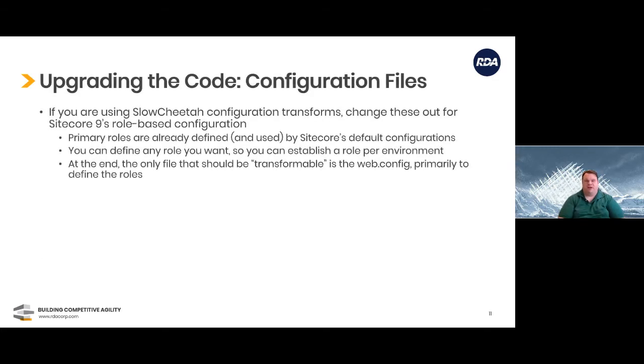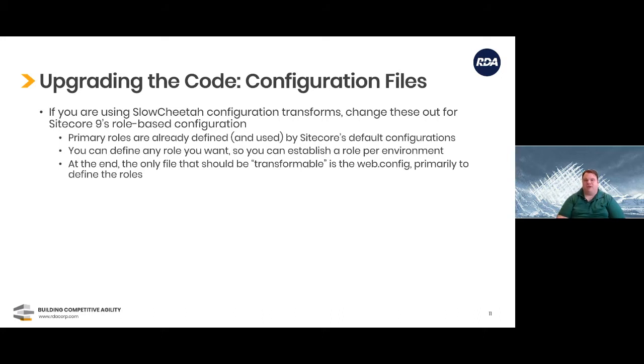For the config files, if you're using Slow Cheetah to do transformations, and I'm not talking about the web config here because the web config transforms by default are built into Visual Studio, but using Slow Cheetah to do transforms of your other config files, you want to change those out for the role-based configuration.